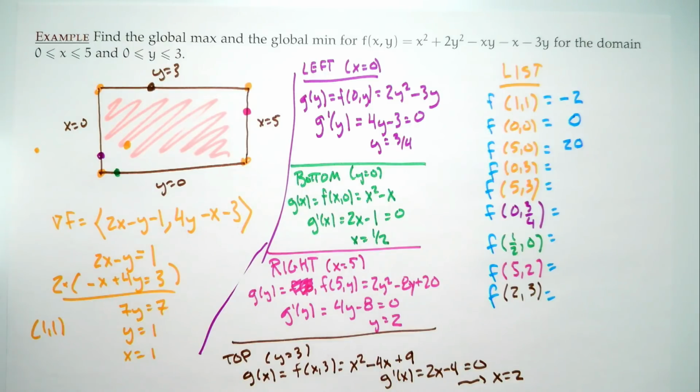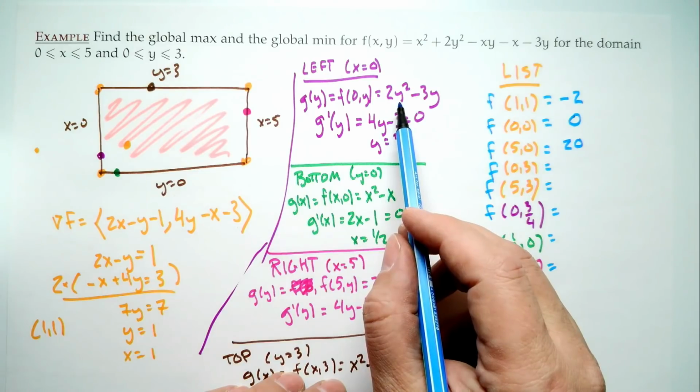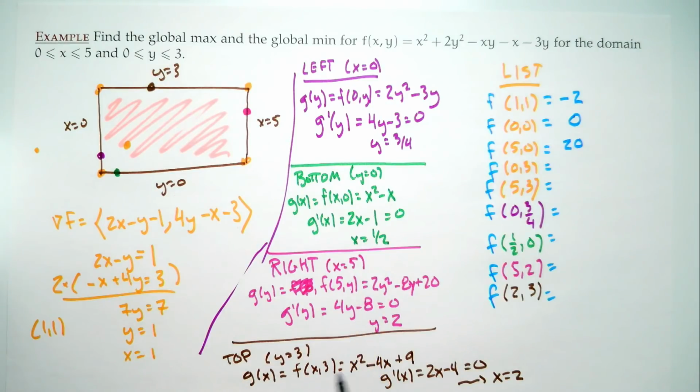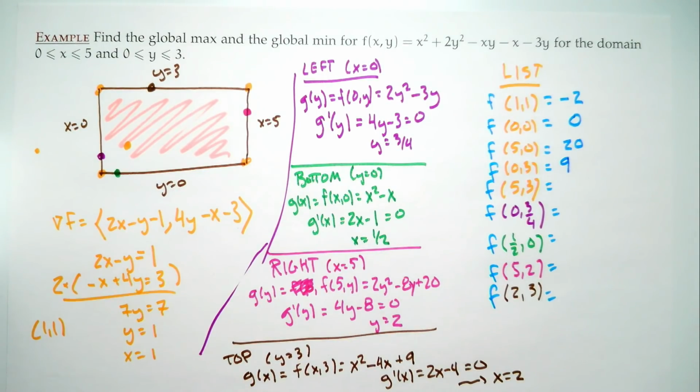How about 0, 3? What would that be? Well, I can look here, plug in y equals 3, or I can plug in the top, and I can plug in x equals 0. Well, if I plug in the top, x equals 0, that's not too hard to figure out. That's 9. Okay, how about 5, 3? What would that be?